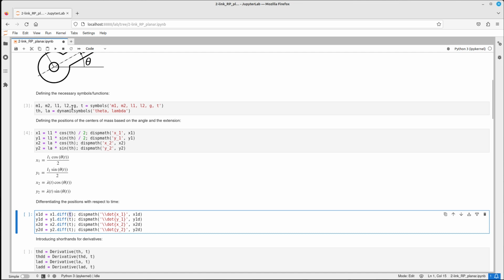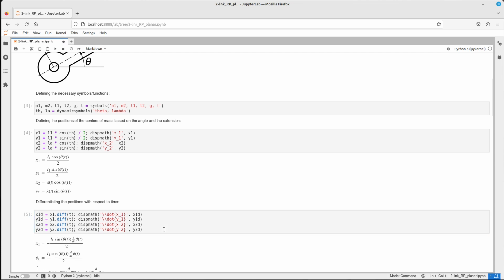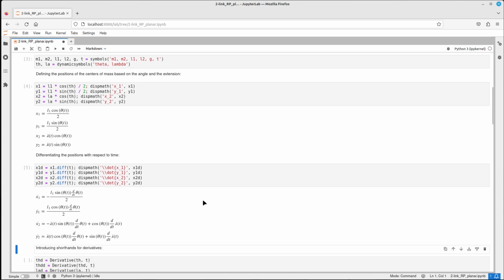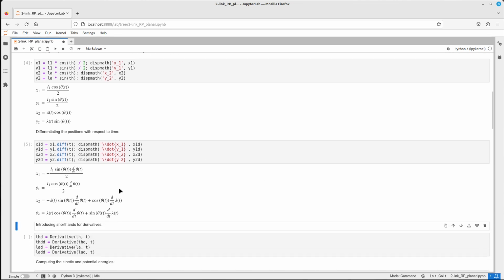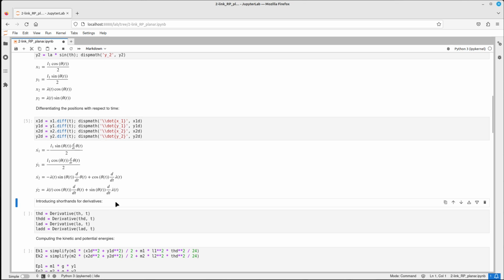So we're using this T symbol, and we do pretty much the same thing for all of those. So we can get the horizontal as well as the vertical components of the instantaneous velocity of those centers of mass. So here's what it looks like.